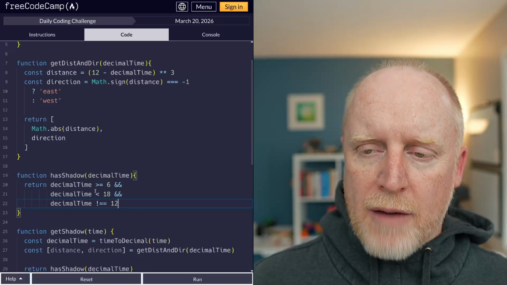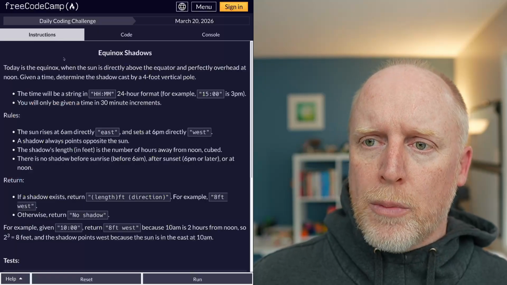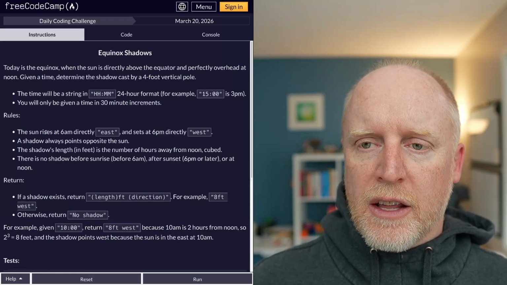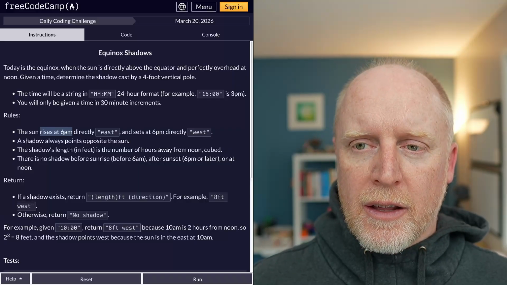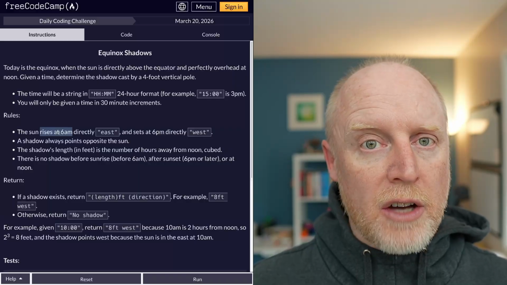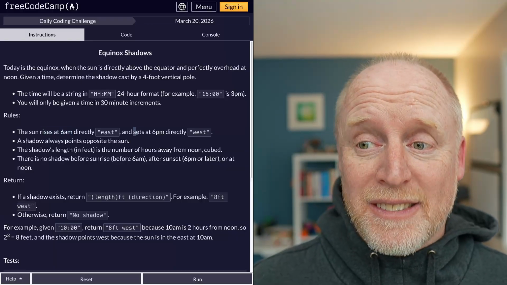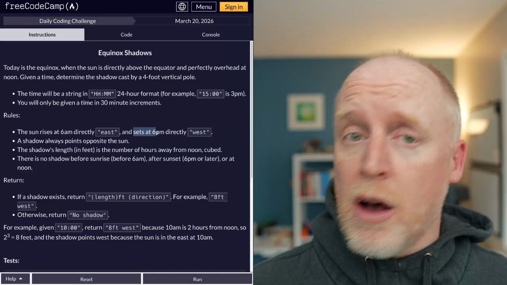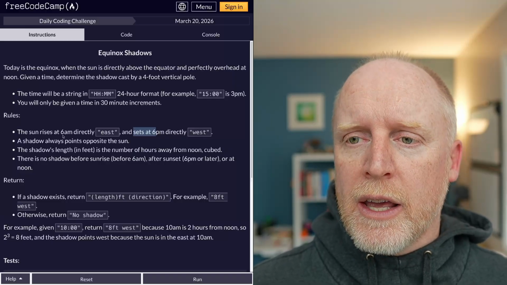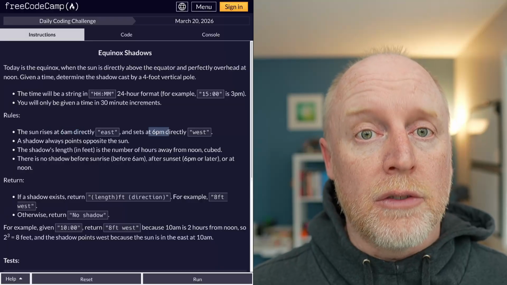So we have an interesting thing here, and the way that this works, if we go back here, you'll see that the sun rises at 6 a.m., and that implies that there is a small touch of sunlight right at 6 a.m. But it sets at 6 p.m., which implies that the sun is completely gone at 6 p.m., which is why this is greater than or equal, but this is less than.